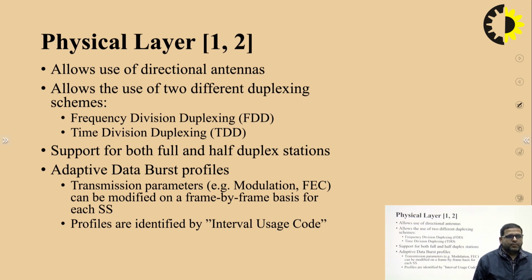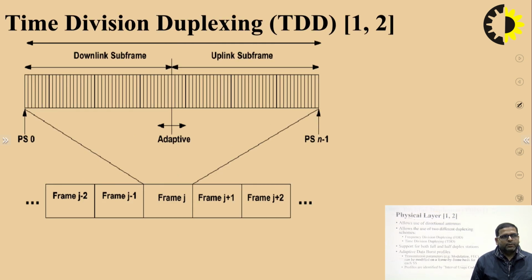It also supports full and half duplex stations and it has adaptive data burst profile. Different transmission parameters like modulation and forward error correction can be modified on a frame by frame basis for each subscriber station and profiles are identified by interval usage code.